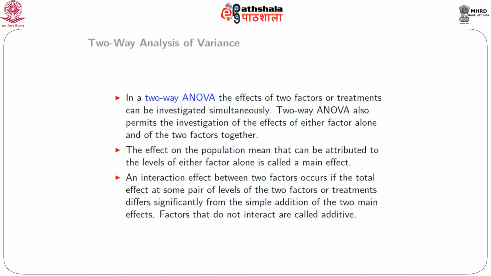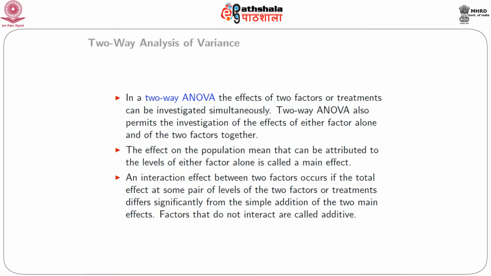The effect on the population mean that can be attributed to the levels of either factor alone is called a main effect. In our example, we can say that the type of the crop is a main effect and the type of the irrigation system is another main effect. We have two main effects.